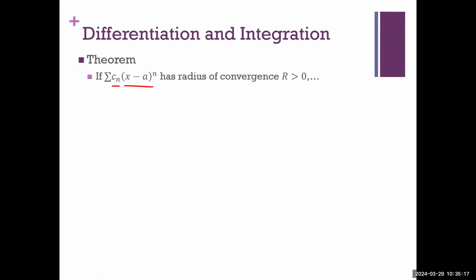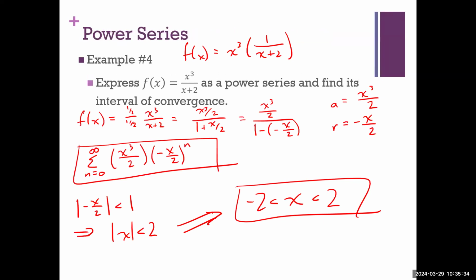Does a power series have to have a radius of convergence? So remember, we have three cases. Everything we've looked at today has a finite but non-zero radius of convergence. There are some values of x for which it converges.